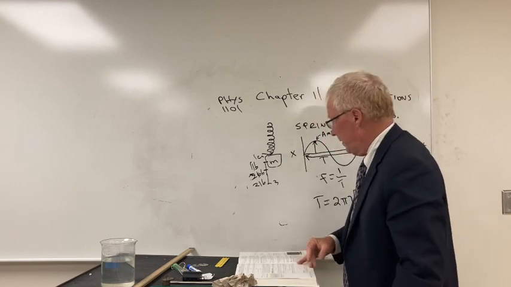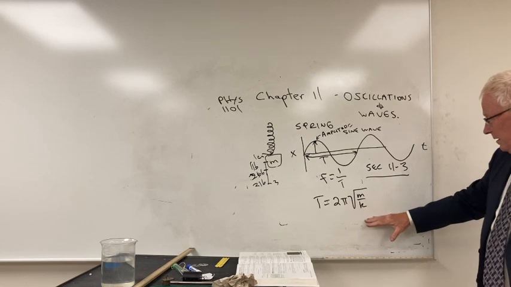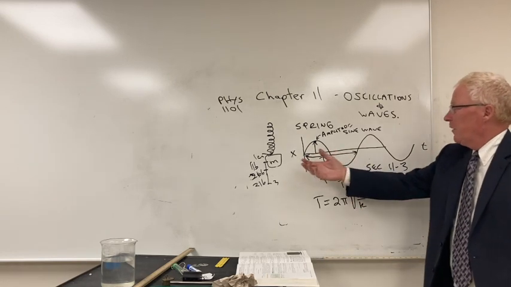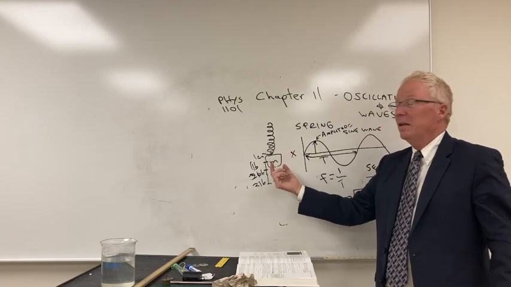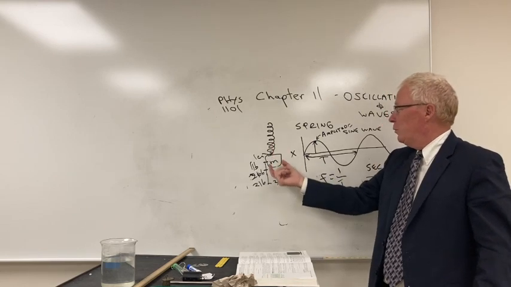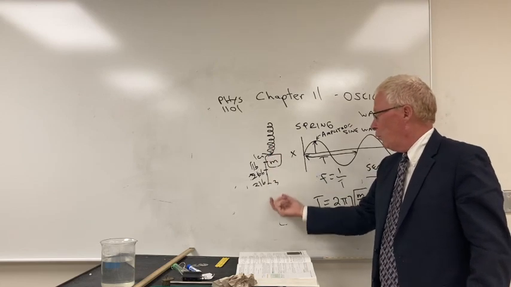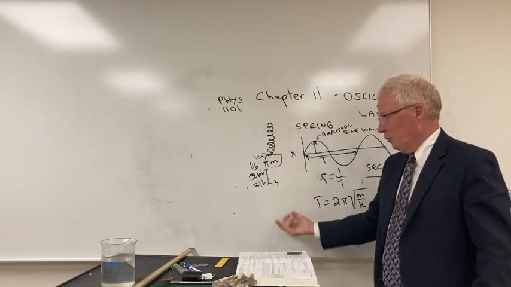So I should say, you notice that this period has nothing to do with the amplitude. If I was to take a spring and oscillate just a little bit, just like the pendulum we did, the amplitude has nothing to do with how long it takes for the period. If I pull way down, it's actually going to just go faster. The period will still be the same.